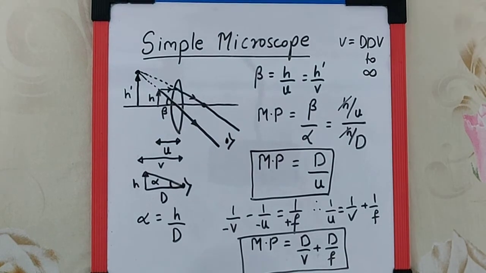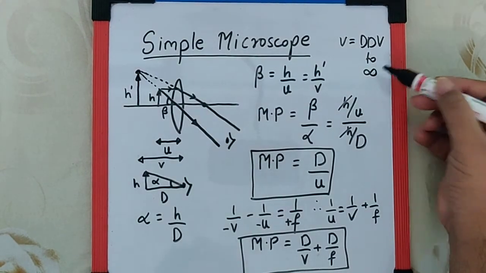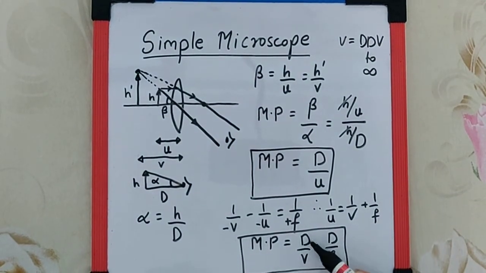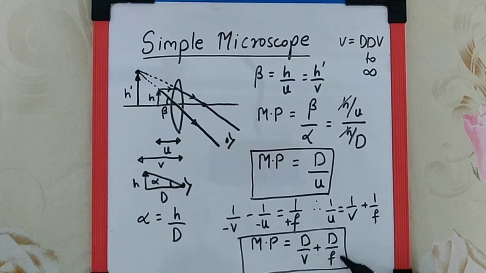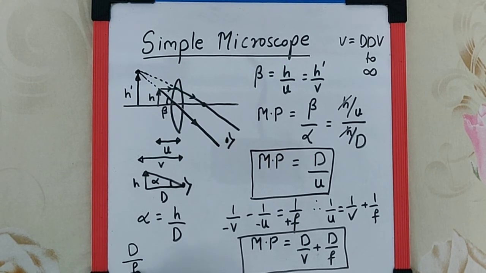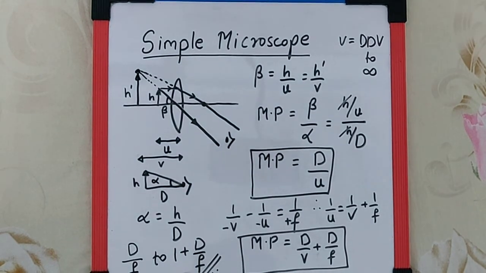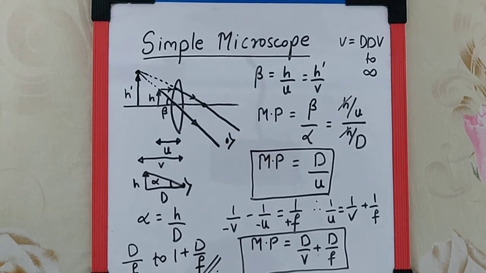If we go for the maximum image distance, which is at infinity, where the image is not visible, anything upon infinity is 0, and therefore the magnifying power is just d by f. So the magnifying power ranges from d by f to 1 plus d by f, where this is the maximum magnification for a simple microscope, and this is where it is clearly visible because it is at D.